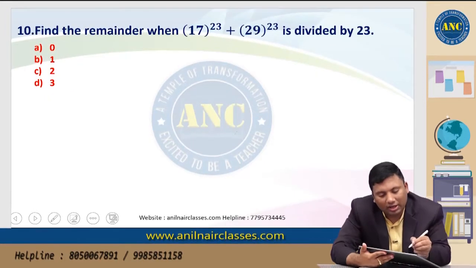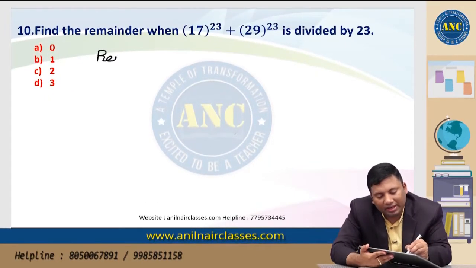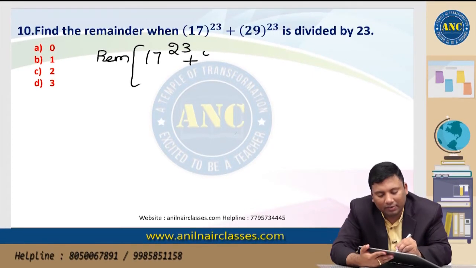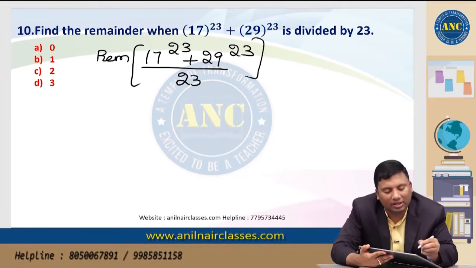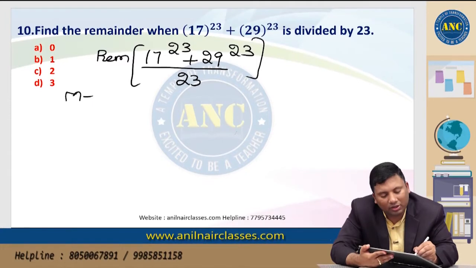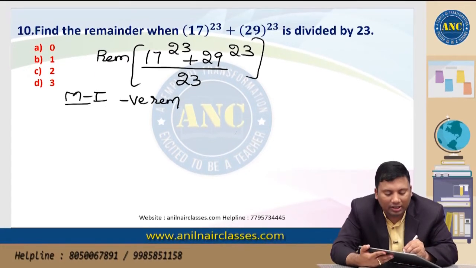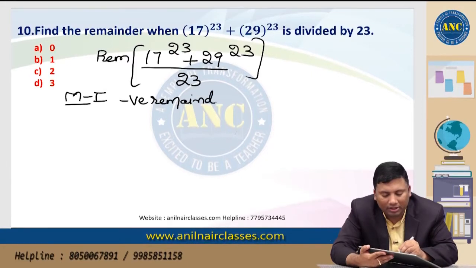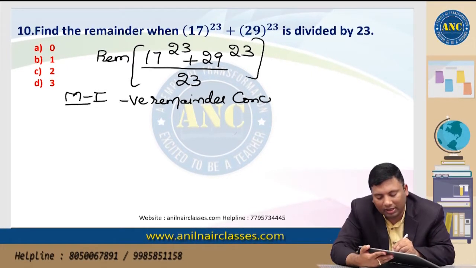Next question. Remainder: 17 power 23 plus 29 power 23 divided by 23. You can solve this problem in two methods. Method 1 is the negative remainder concept.